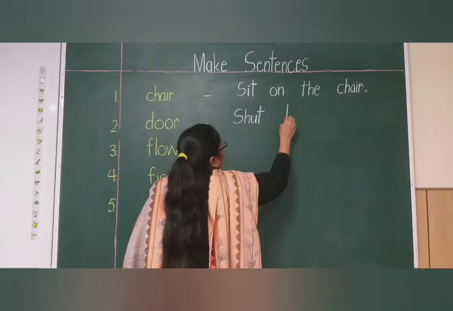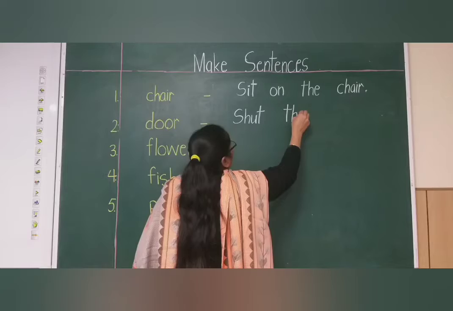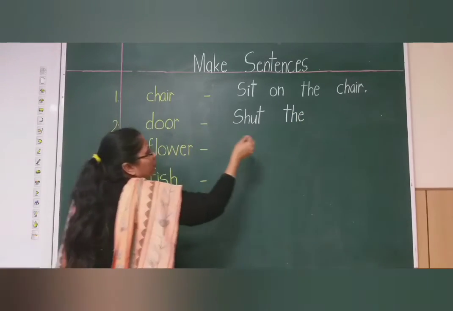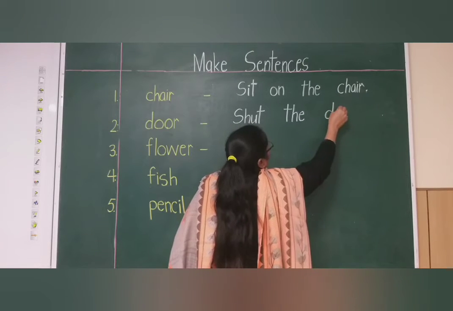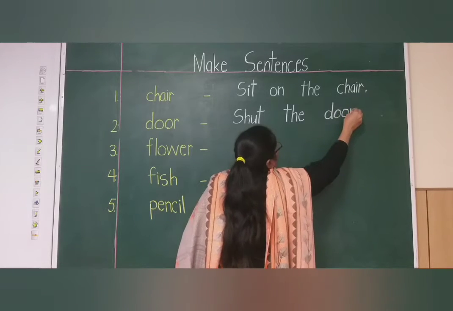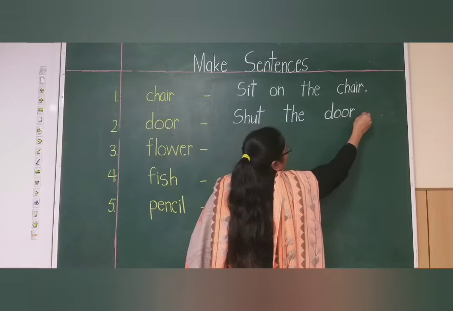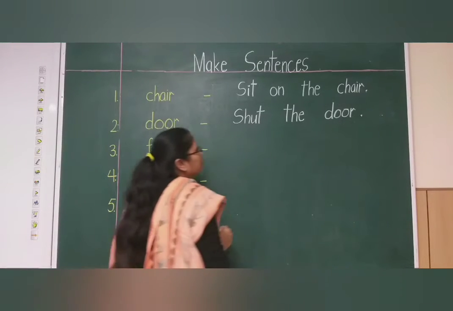T-H-E, the. And what is the word given here? It's the word door. Shut the door. D-O-O-R, door. Shut the door. And at the end of the sentence, what will we write here? It's a full stop. At the end of the sentence, we will mark a full stop.